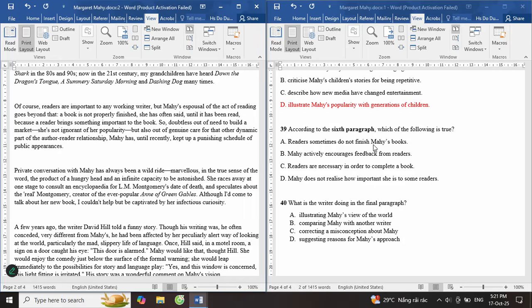A, they do not mention it. Sometimes do not finish. Encourage feedback. Maybe. Reader necessary in order to complete a book. Maybe. Mahy does not realize how important she is. Wrong, right? Because they said she's not ignorant of her popularity, meaning she knows. So now we know for sure that A and D are wrong. Only B and C left.